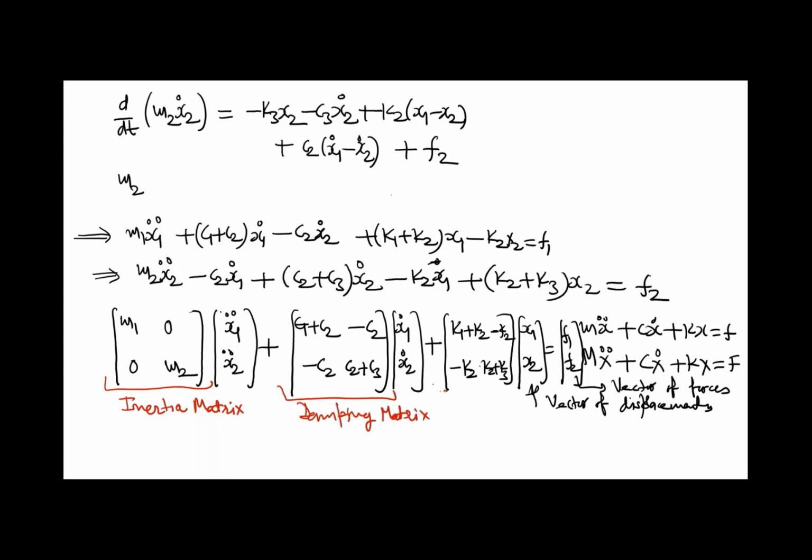And finally, the matrix containing all the stiffnesses is called the stiffness matrix. The size of the matrix is typically 2 by 2, that depends upon the number of degrees of freedom of the system. So if the number of degrees of freedom is n, the size of all these three matrices is n by n.